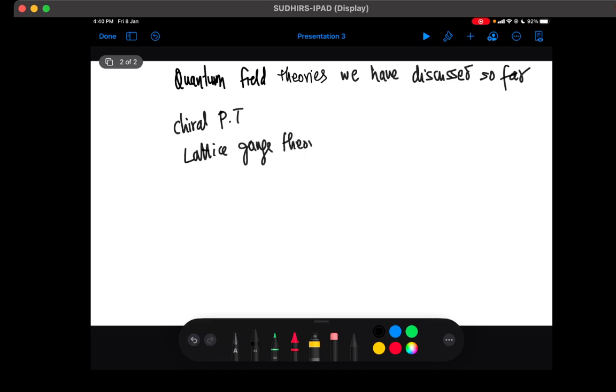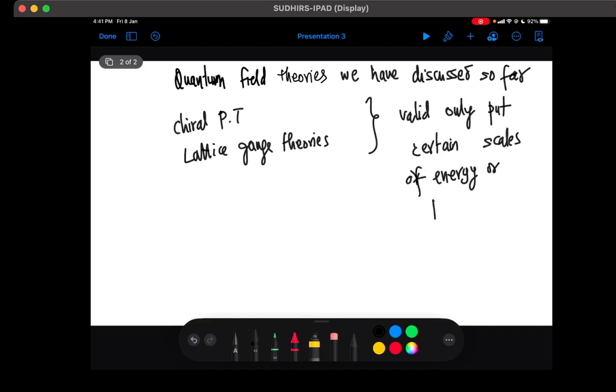So these are theories which are valid only up to certain scales of energy or length scales. Essentially these are not full quantum field theories which are valid for all energy scales or all length scales. If you have very short distances, that means very high energies, they won't work.